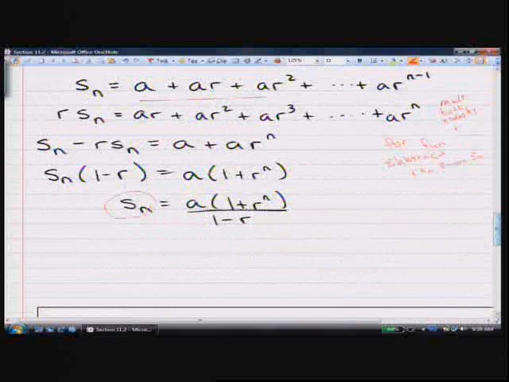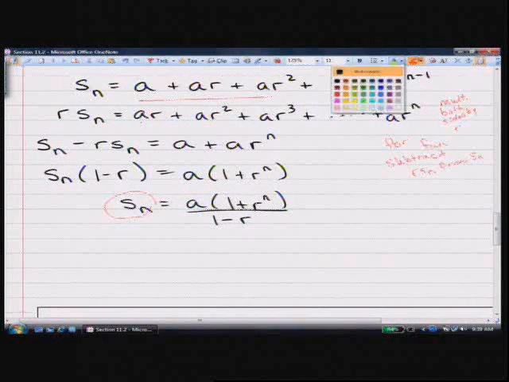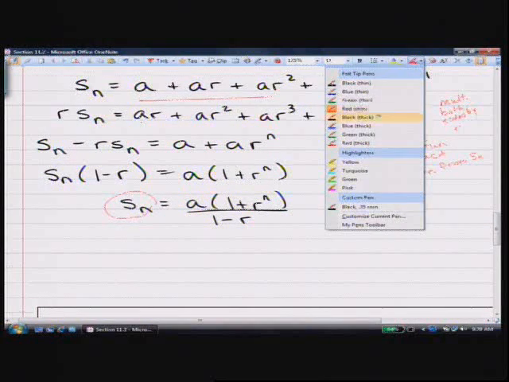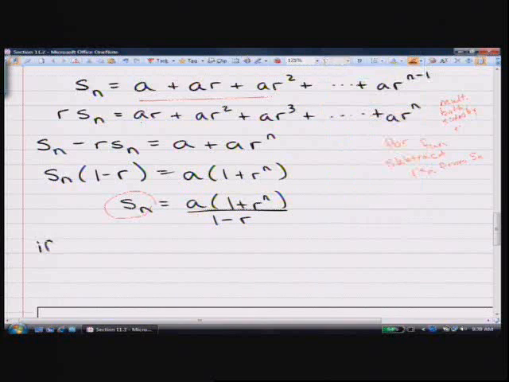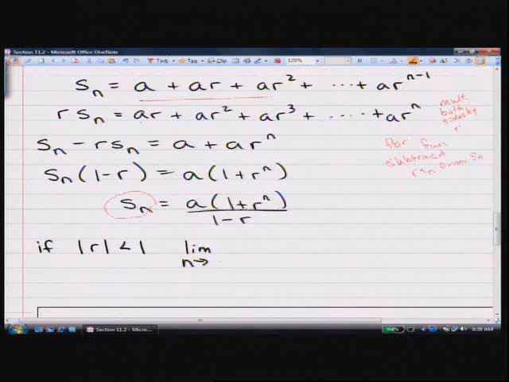So if the absolute value of r is less than 1, the limit as n goes to infinity of s sub n will just be, well, this will go to 0, so you'll just get a over 1 minus r. And that is what the series converges to.